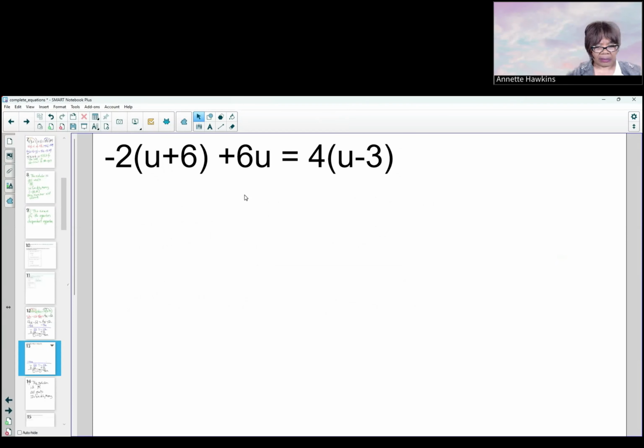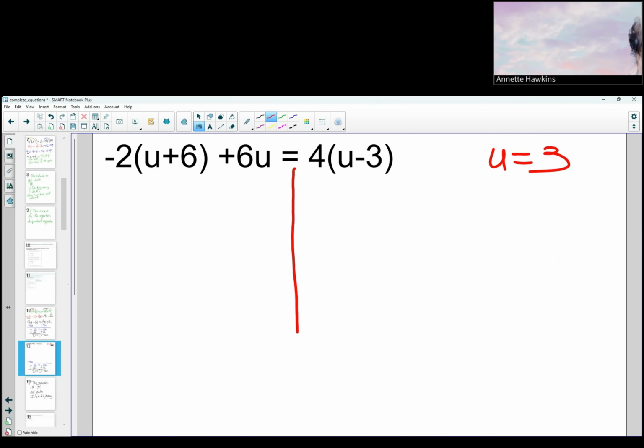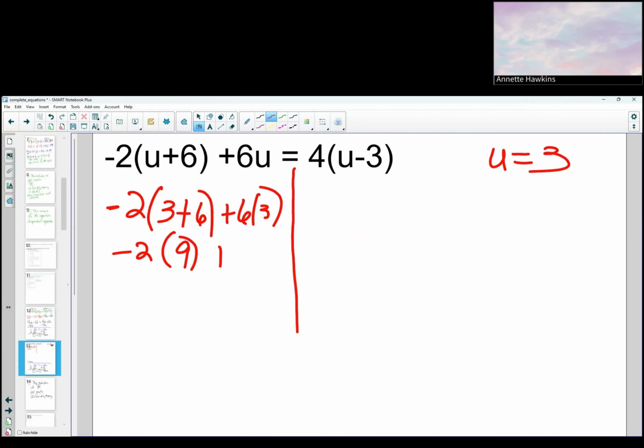All right. So let's take a look at what infinitely many means. Infinitely many means any number I say u is will work. All right, let's come over here. I want u to be equal to 3. Okay. Now, the solution to an equation makes it true. So I'm going to draw a dividing line right here. And everywhere u is on the left, I'm going to put a 3. So -2 times 9 plus 18. -18 plus 18.